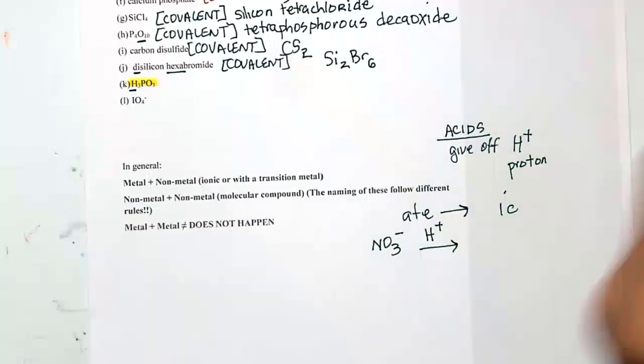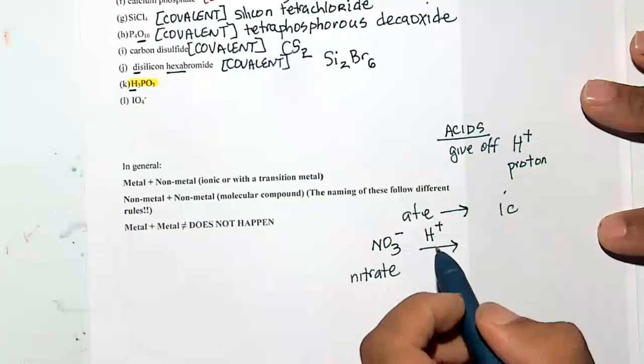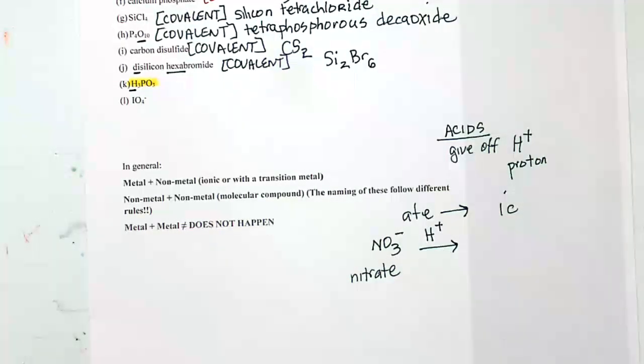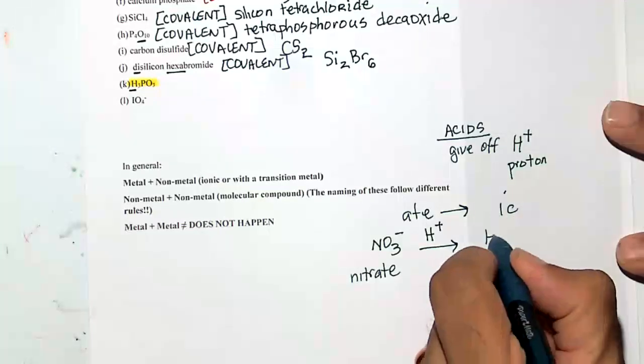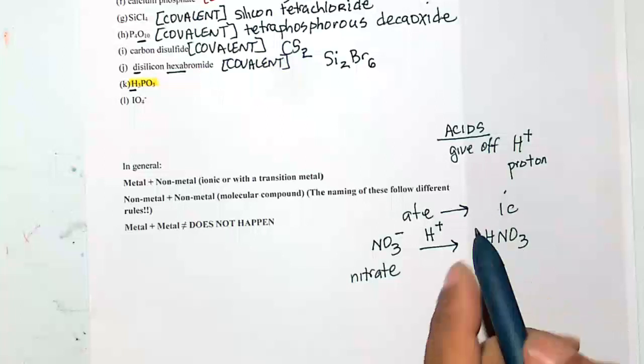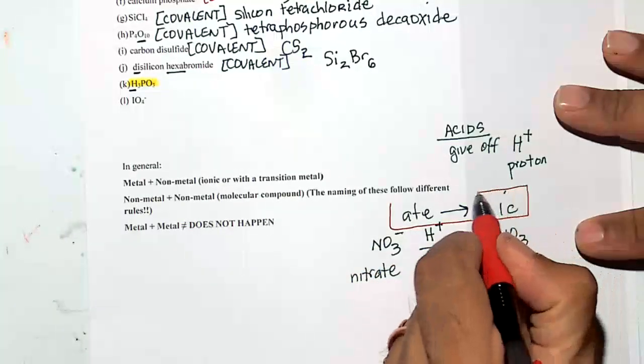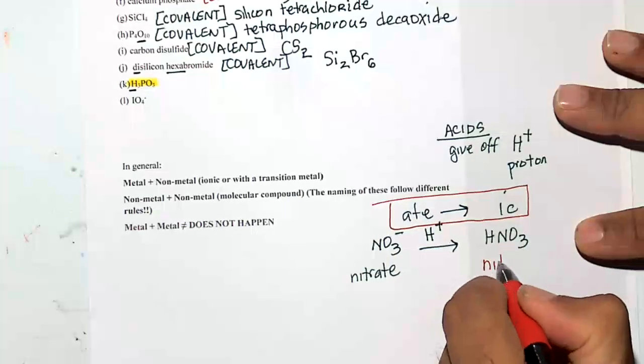I'm going to acidify it by adding H+, and it becomes HNO3. So ate becomes ic. Nitrate becomes nitric acid.